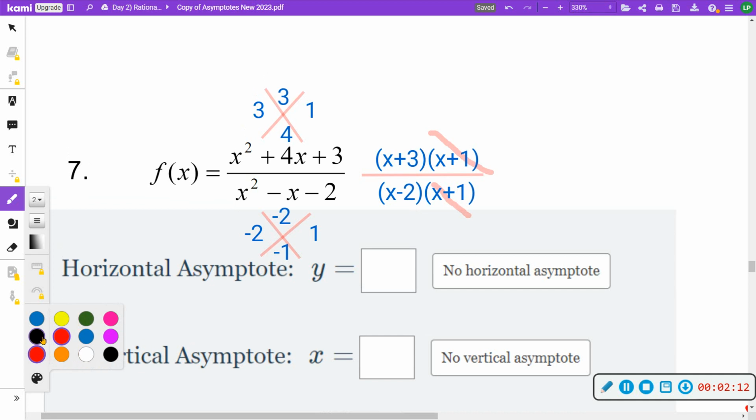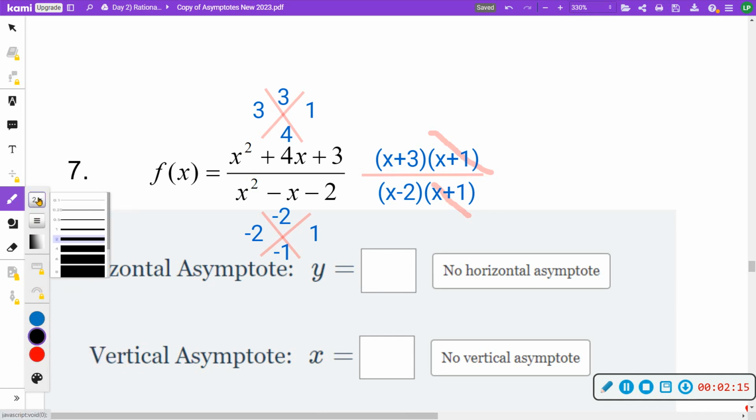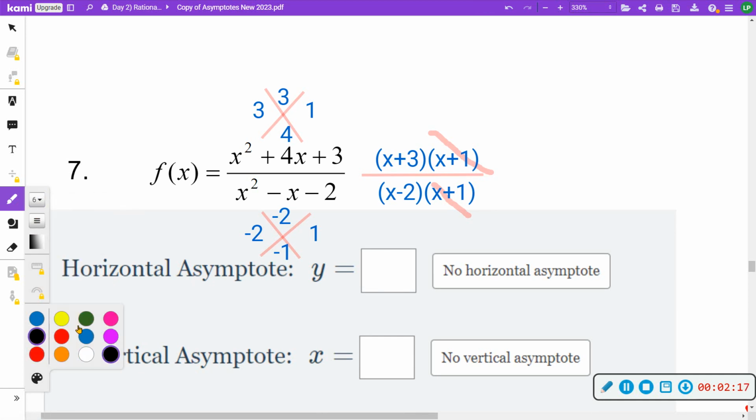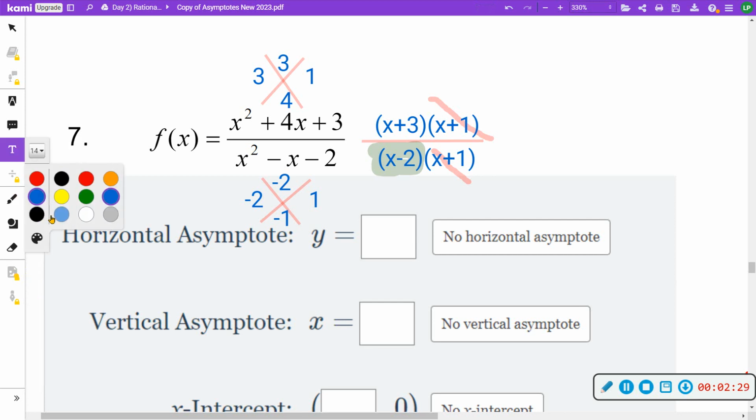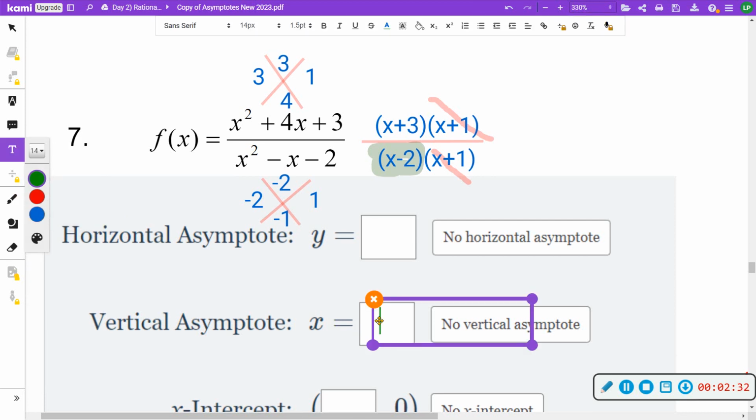Then this part right here, remember, this is my vertical asymptote. It did not cancel with any other x minus 2. So for my vertical asymptote, what number minus 2 is 0? That would be 2. So I have a vertical asymptote at x equals 2.